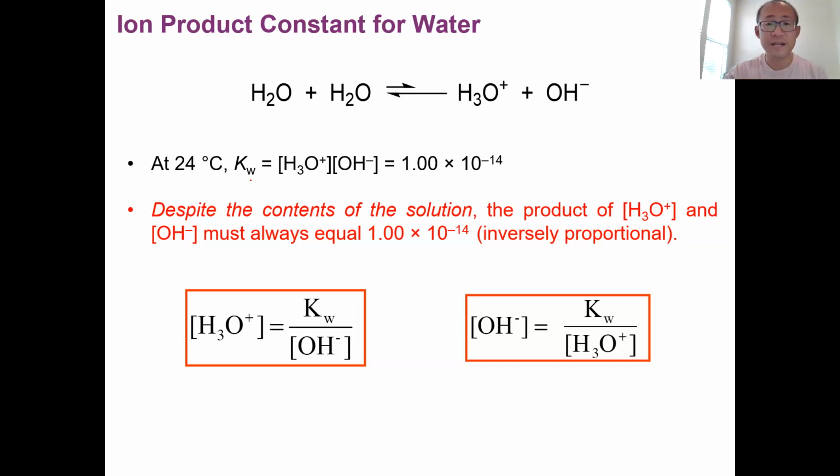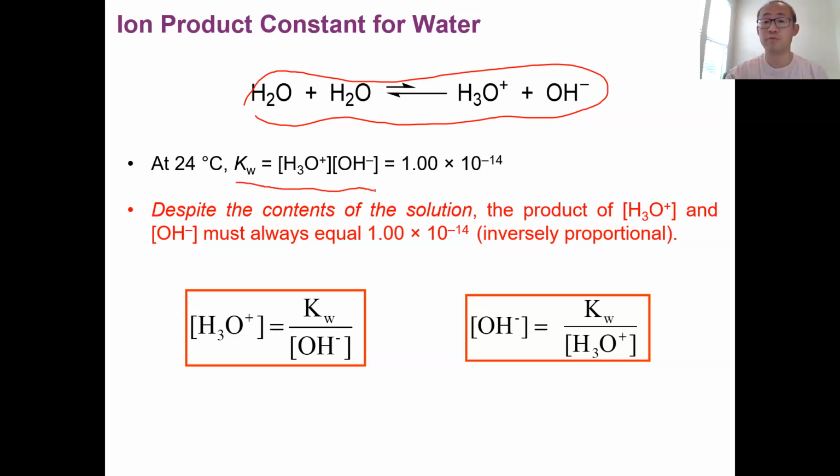And because this is an equilibrium, we can write the equilibrium constant, K equals product over reactant. The reactant is water, pure, so it's not included in the equilibrium constant. So K equals the hydronium ion concentration times the hydroxide ion concentration, because you have two ions, and we didn't include water in the expression.